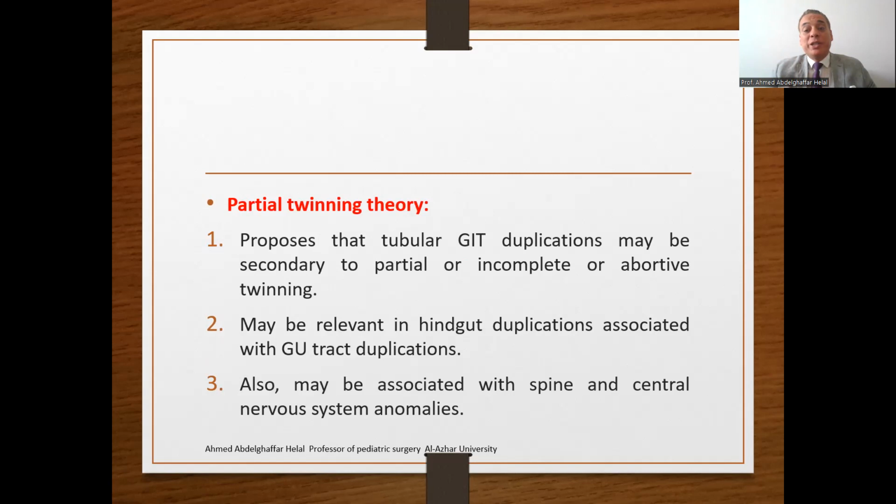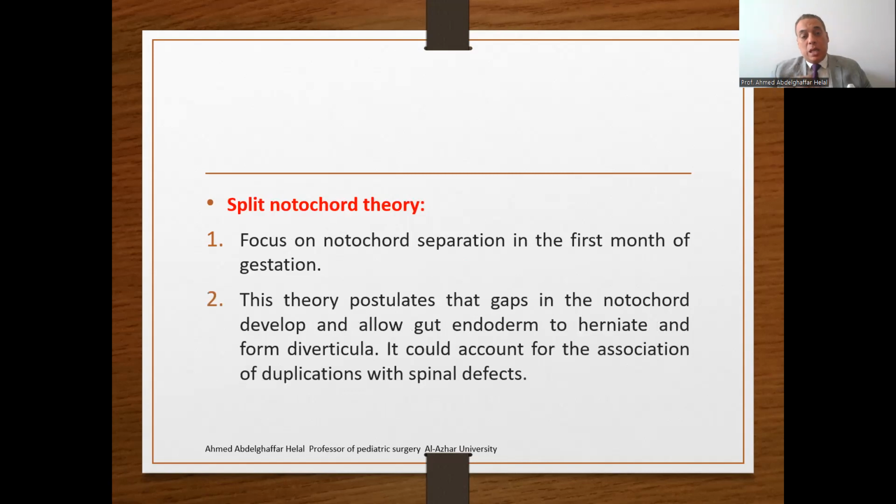Also may be associated with the spine and central nervous system anomalies. So this is the first theory trying to explain the etiology or the pathogenesis for the gastrointestinal tract duplication.